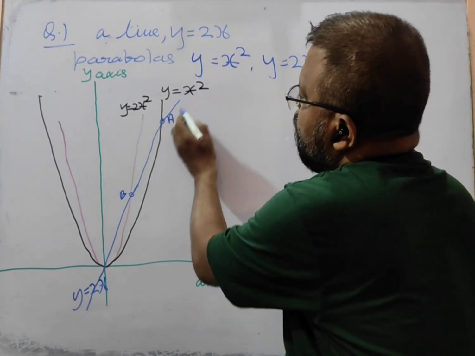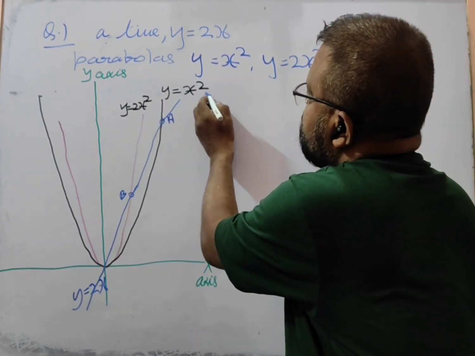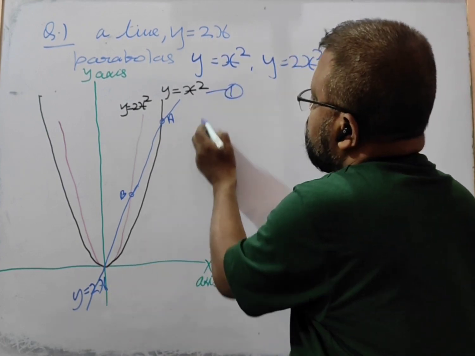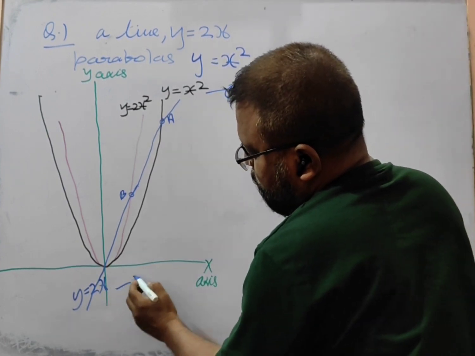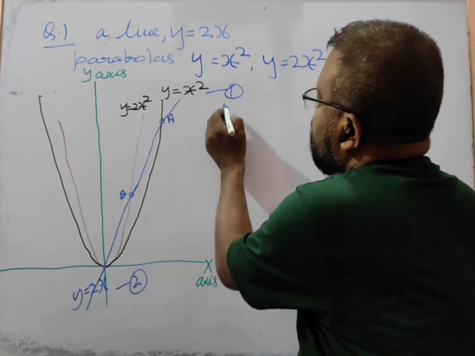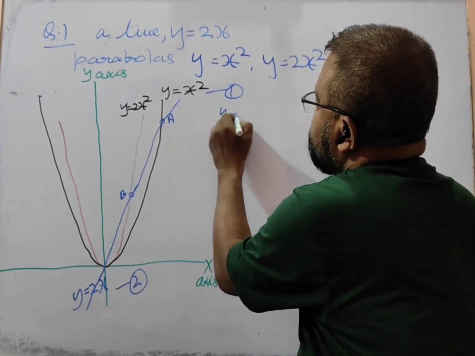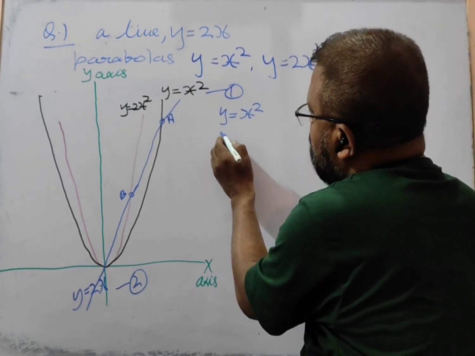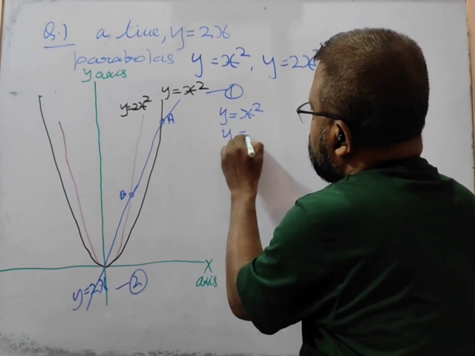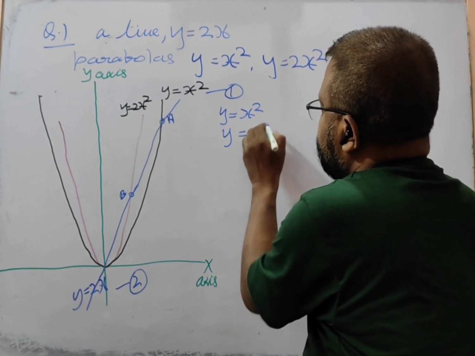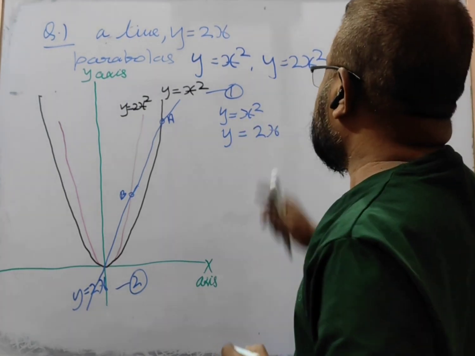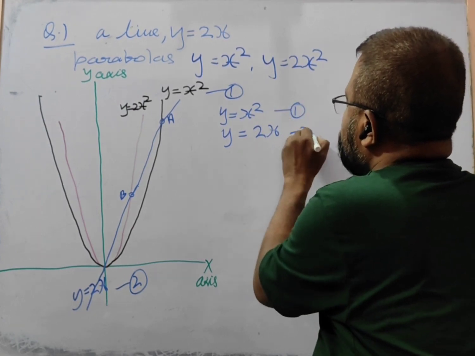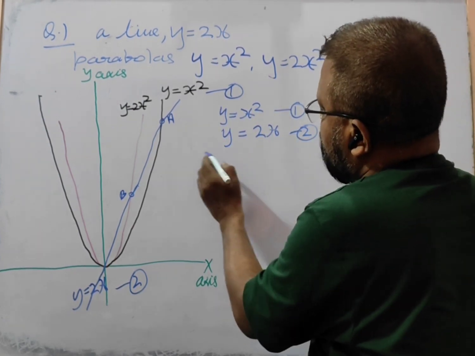So there are two equations. One equation is y is equal to x square, and another one is y is equal to 2x. This is equation 1, and this is equation 2.